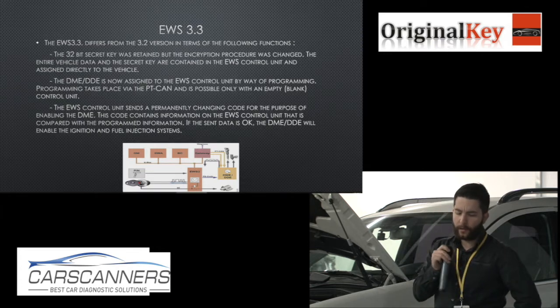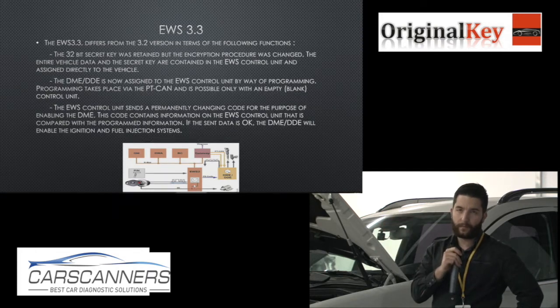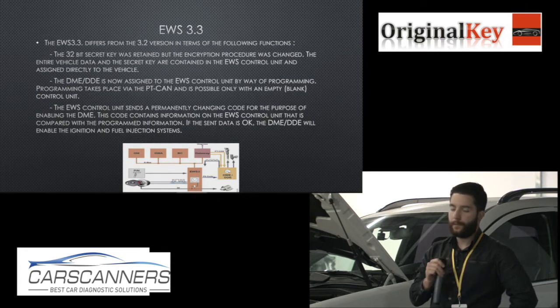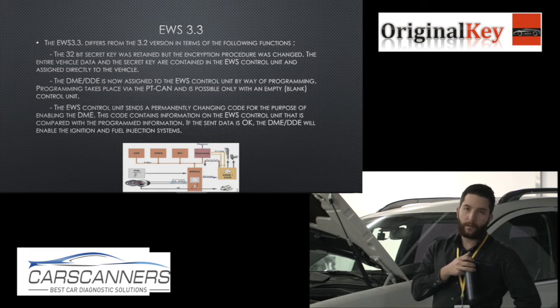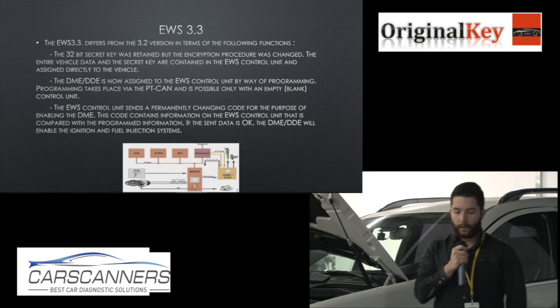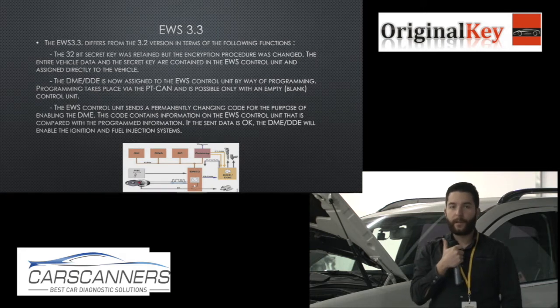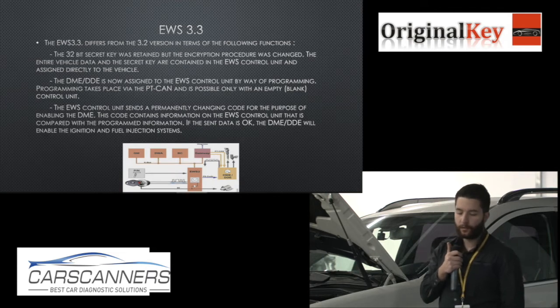So first of all, in version 3.3, we now have the same encryption key. It's still 32-bit, but the encryption procedure has been changed. The entire vehicle data and the secret key are contained in the EWS control unit now and are assigned directly to the vehicle.